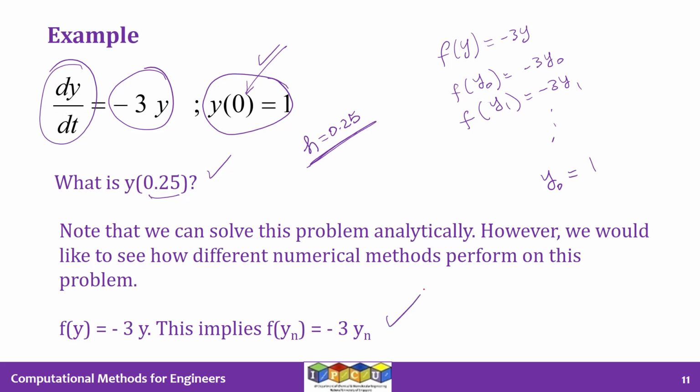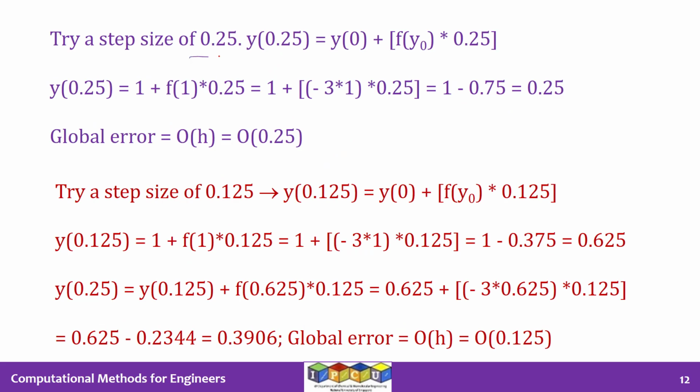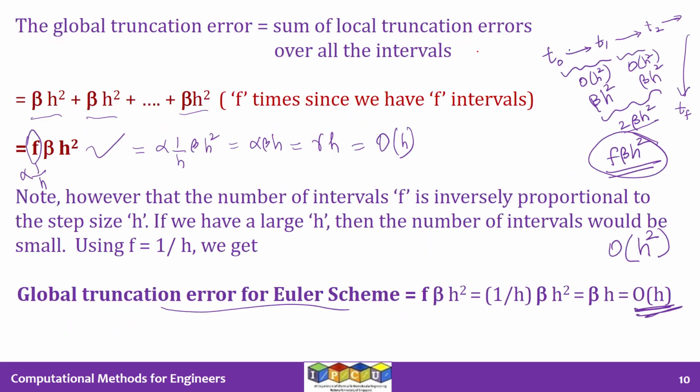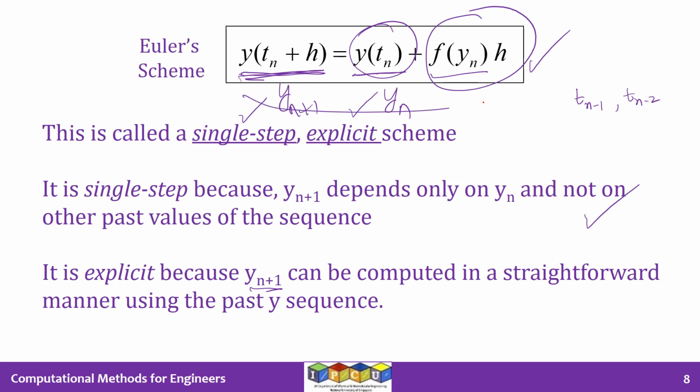Since f of y is minus 3y, f of yn is minus 3yn. With a step size of 0.25, y at 0.25 will be reached in one step. So y at 0.25 is going to be y at 0 plus f of y0 times h, where h is 0.25. Basically, I'm using this equation.